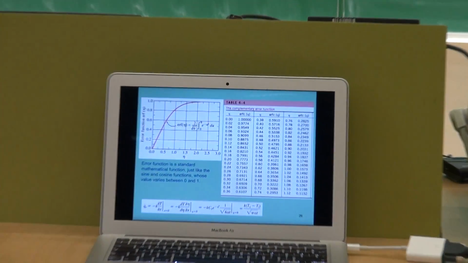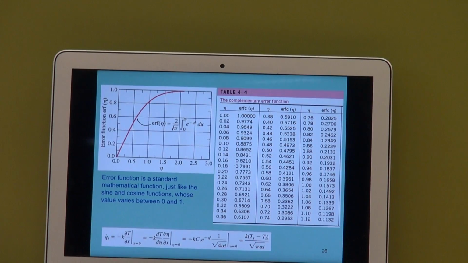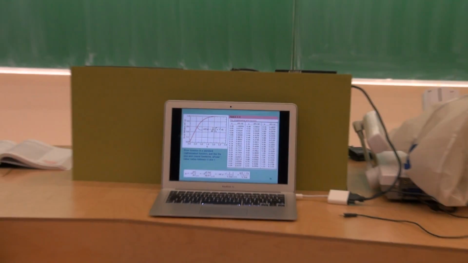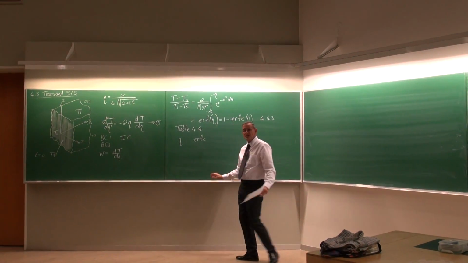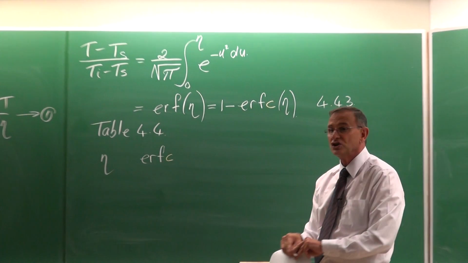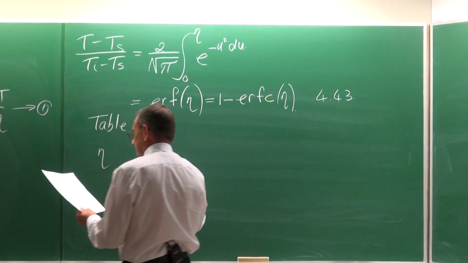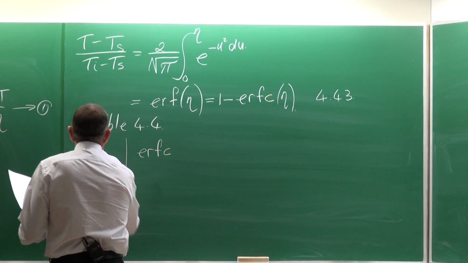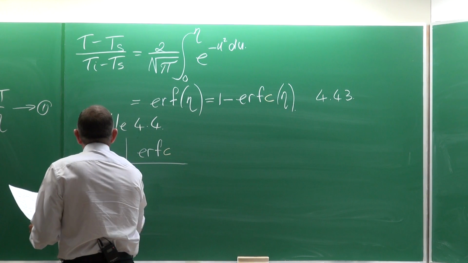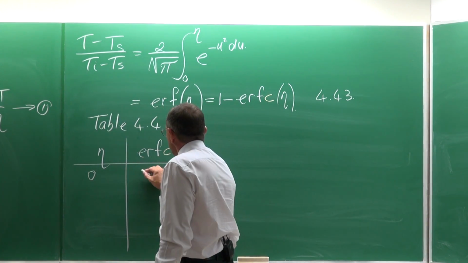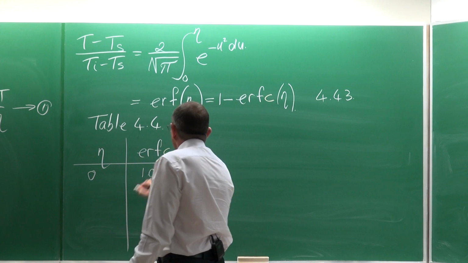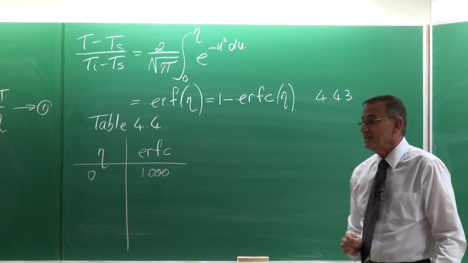And if you look in the table, you will see different values of eta is given the solution for, and take note, the complementary error function, not the error function, but the complementary error function. And typically, if eta is equal to 0, then the complementary error function would be exactly equal to 1.